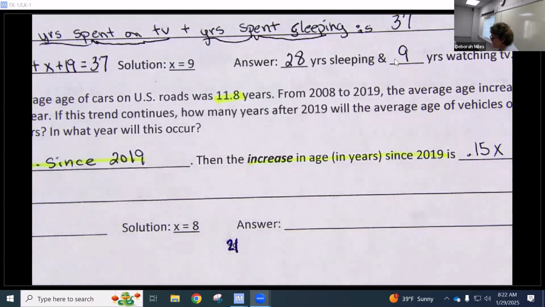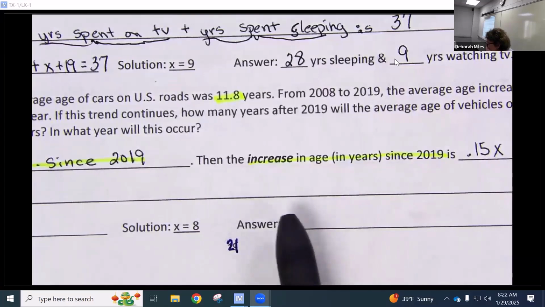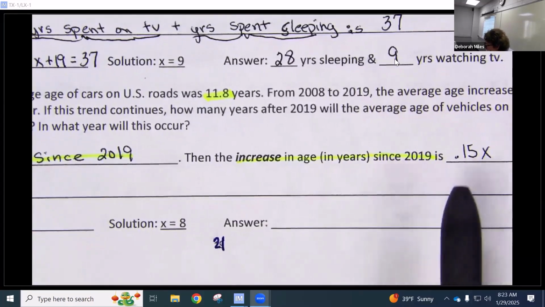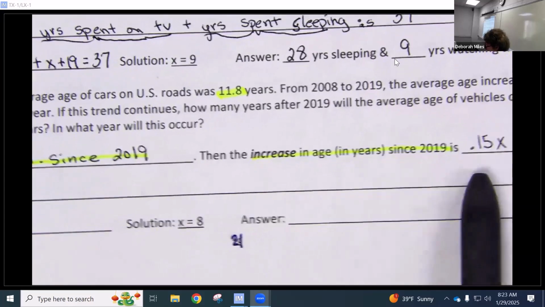How would you get the age of a car in, say, 2020? Average age of cars on the road in 2020. Okay, that's how much it increased, 0.15, but that doesn't give me the age of the car in 2020.